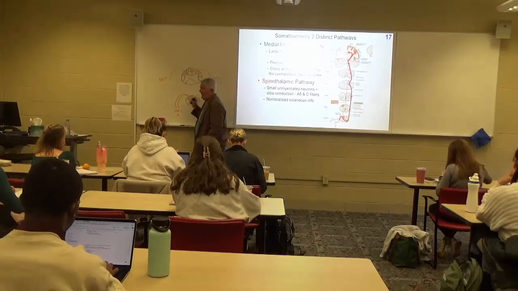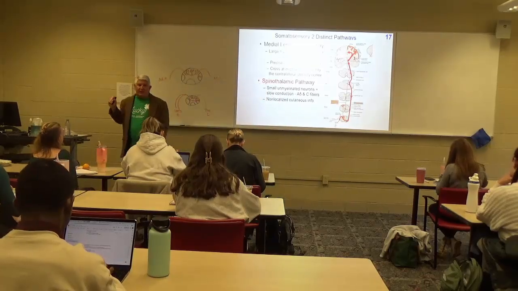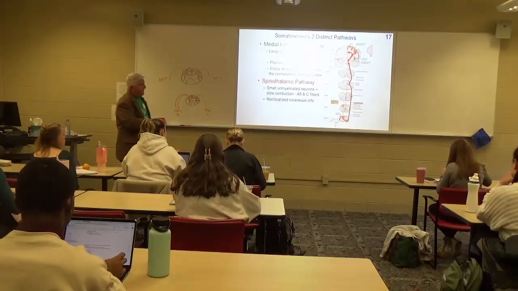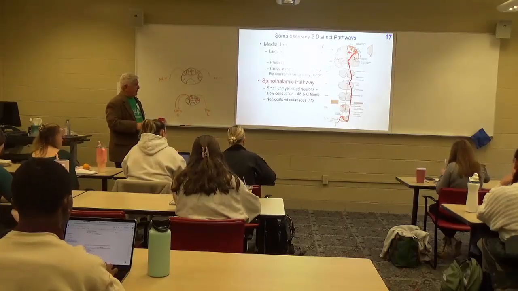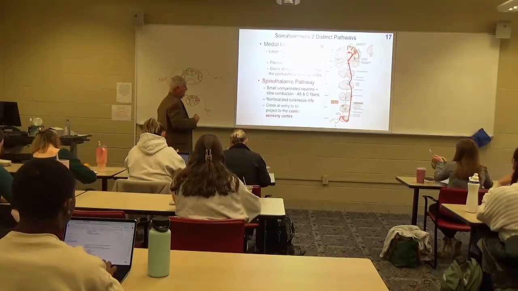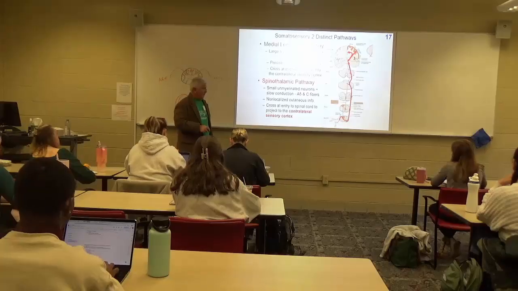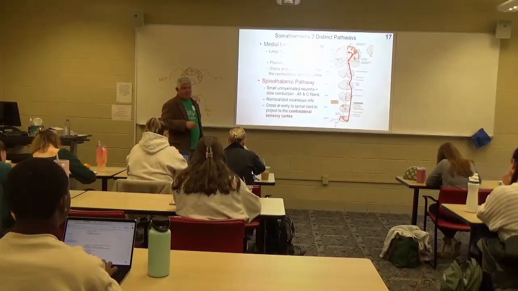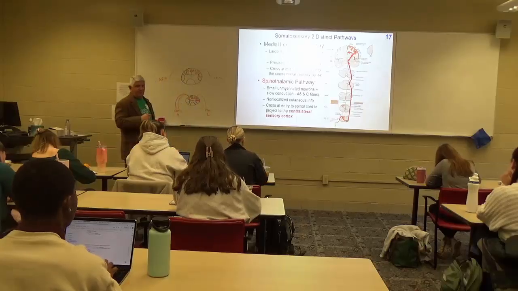They provide what we call non-localized cutaneous information, so not precise detail, but it's coming from a particular region of our body, based on dermatome. And again, it crosses at the level of the spinal cord and travels up the contralateral side of the spinal cord.